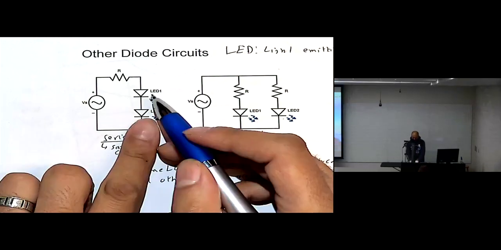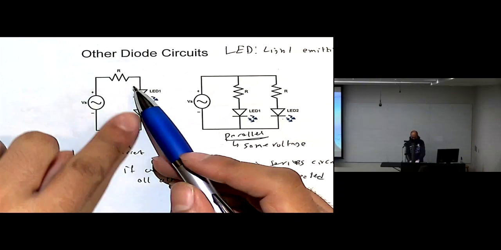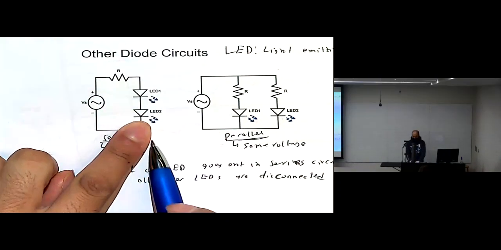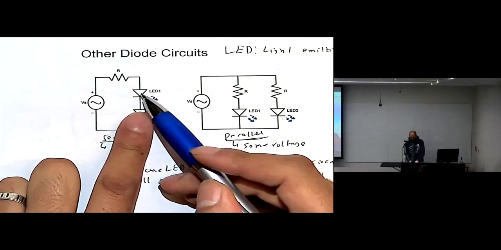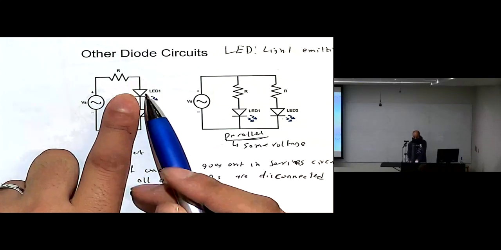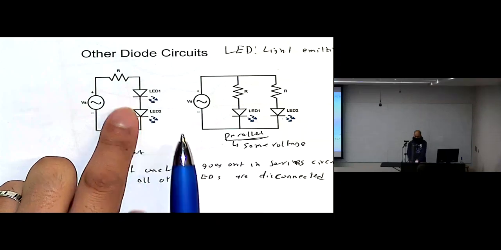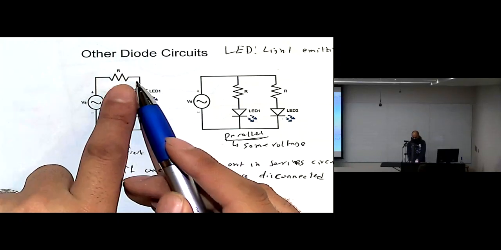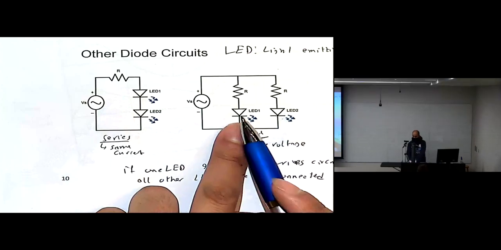Okay, so if they are connected in series, they might look different than in parallel if they are from different manufacturers. For example, if this one is 800 and this one is 1500, then in the equivalent circuit they should share the same current, not different currents like here.